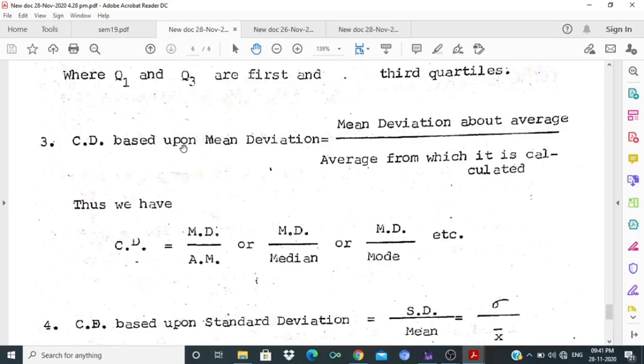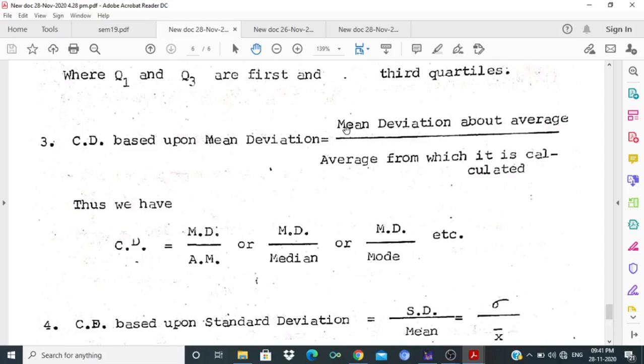The coefficient of dispersion based on mean deviation is the mean deviation divided by the average from which it is calculated. We can calculate mean deviation by using an arbitrary value or by using either mean, median or mode.